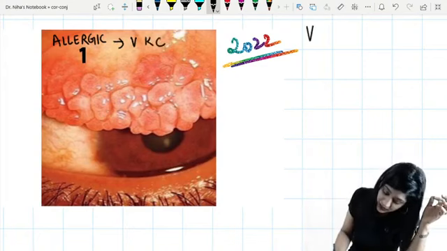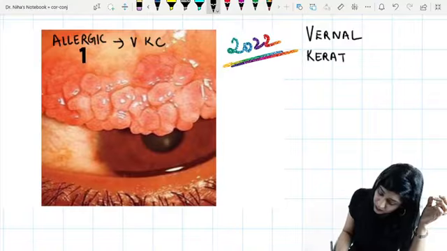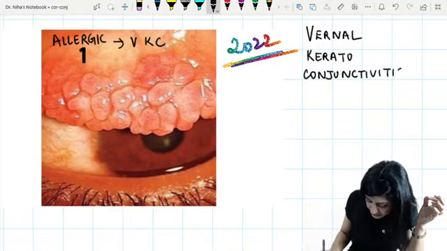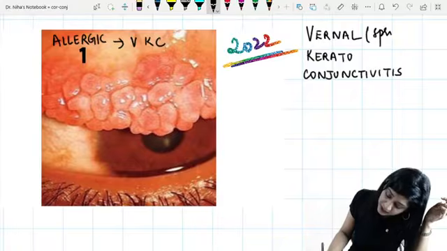VKC means vernal keratoconjunctivitis. It is the vernal keratoconjunctivitis that is most common. Actually the word vernal means spring.